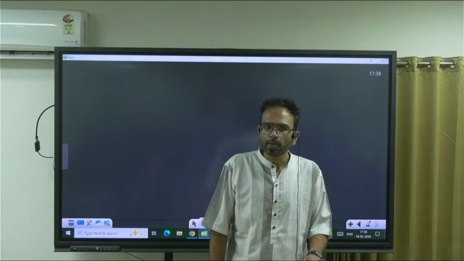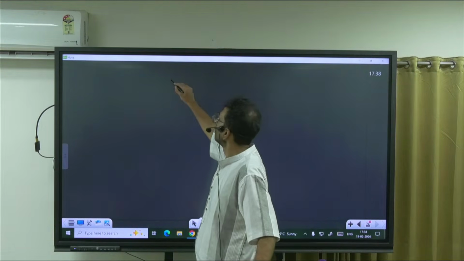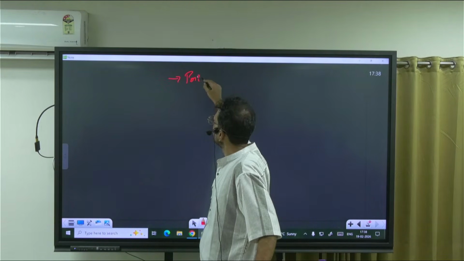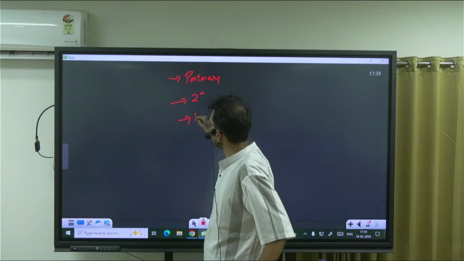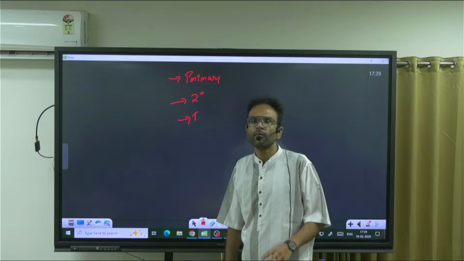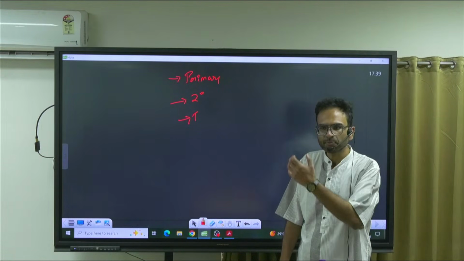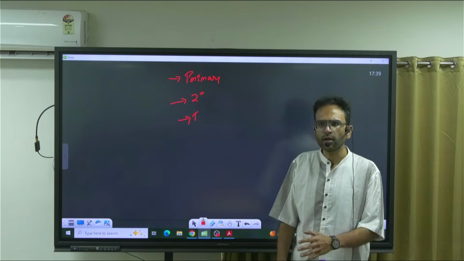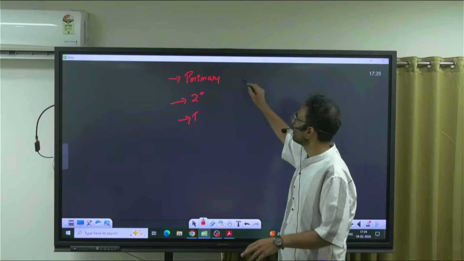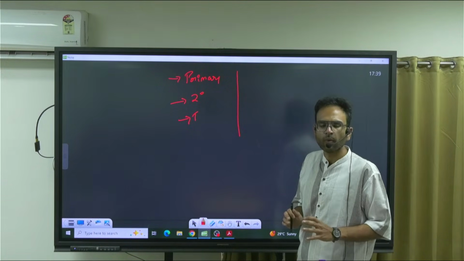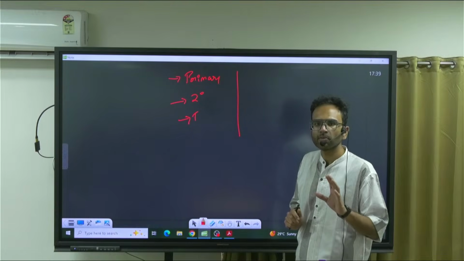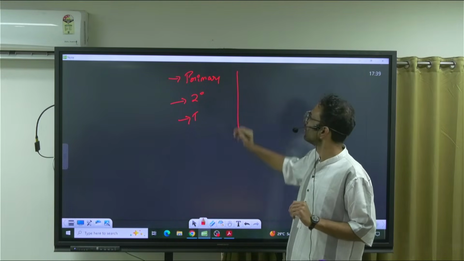What are the sectors of economy? Primary, secondary, and tertiary. Okay. When you're talking about the share of these respective sectors in our economy, or to simplify further, if we are earning 100 rupees through these three sectors, what is the rough estimate of the contribution of each of the sectors?